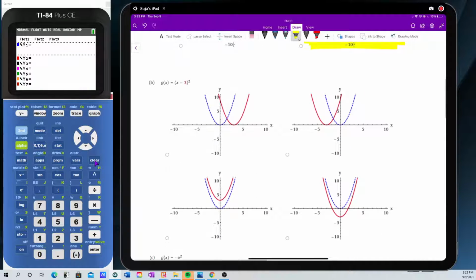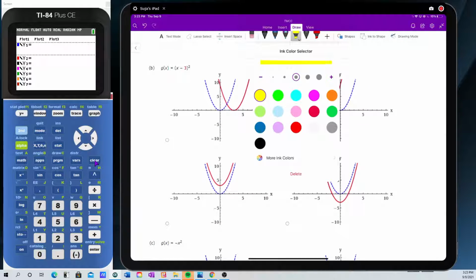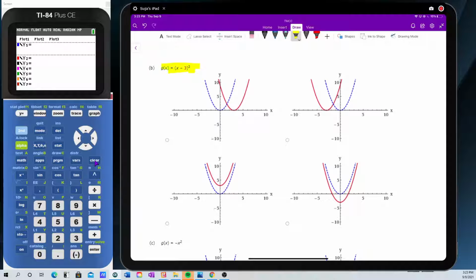Going to the next problem here. I'm seeing an x minus 3 the whole squared. So this 3 is my horizontal transformation. Again, it's a horizontal shift to the right 3 units.